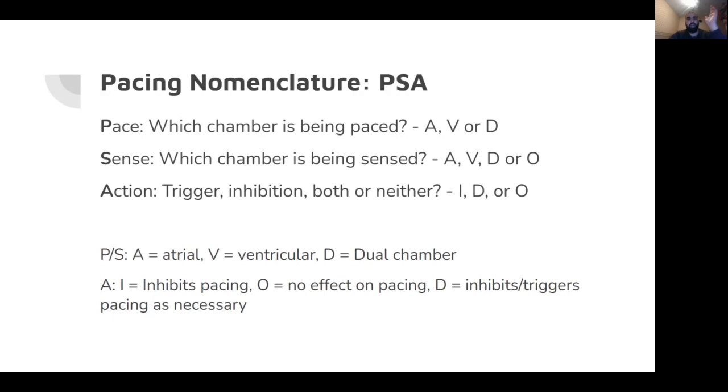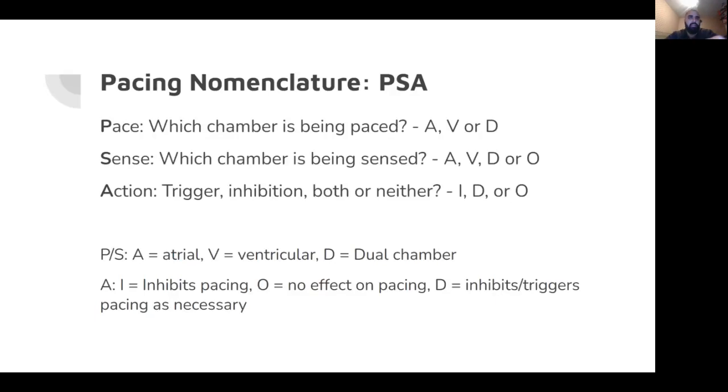You just deliver pacing stimuli at the heart at the rate you set it to. This is actually a very dangerous mode and should not be used on the wards, and certainly should not be used even on ITU without very specialist consultant support.